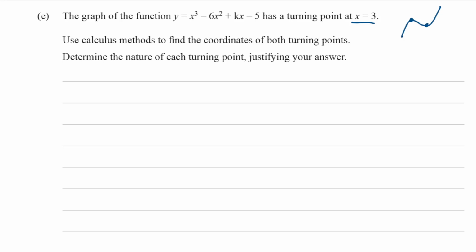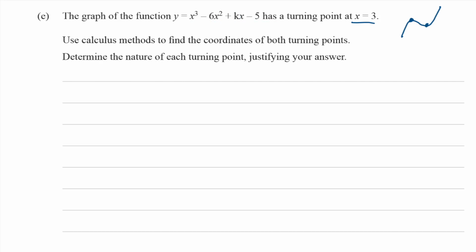Use calculus methods to find the coordinates of both turning points. Alright, well, we know the x value of one turning point. So if we could find the y value, we're halfway there. However, you'll notice the original function has this unknown parameter k, some constant.